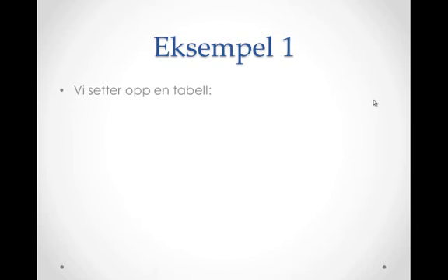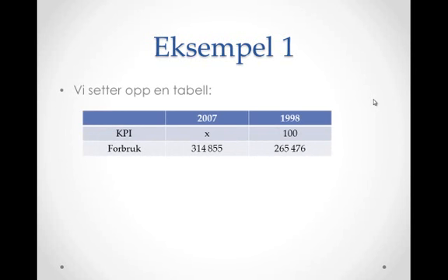So I like to make a table where I put an X in the middle, and this X represents the Consumer Price Index of 2007. That's why I write 2007 above the X, and I write KPI, Consumer Price Index, on the left hand side.